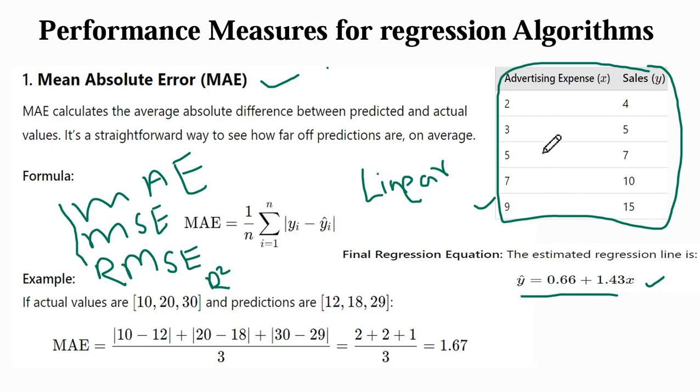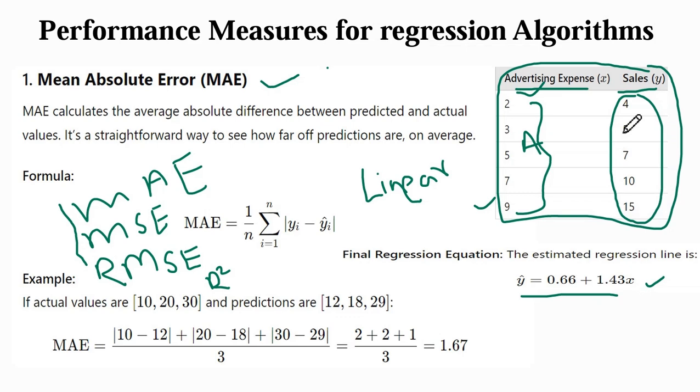In this, the independent variable is x and the dependent variable is y. These are called the actual values of the independent variable, and these are the actual values of the class label.